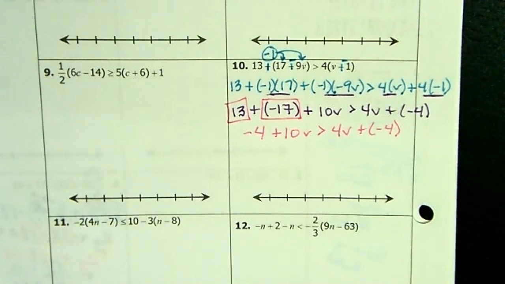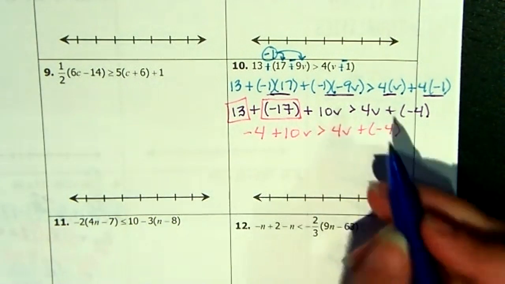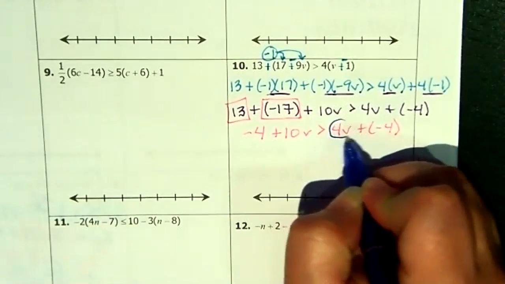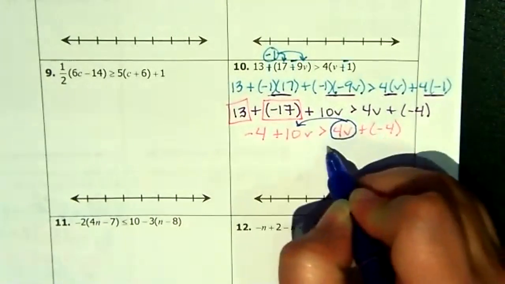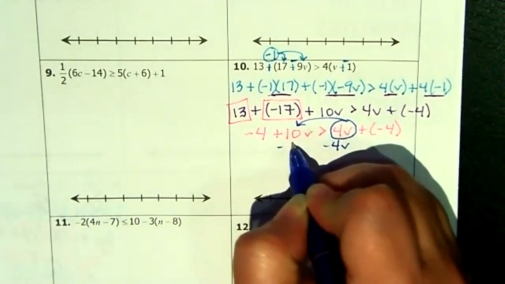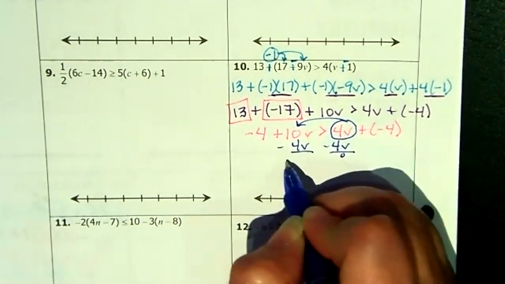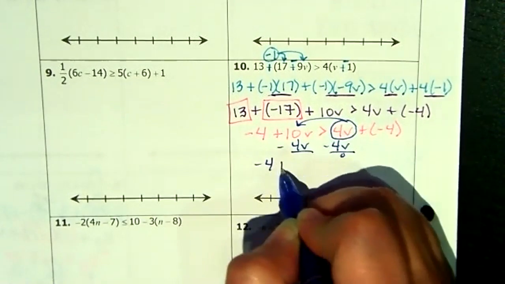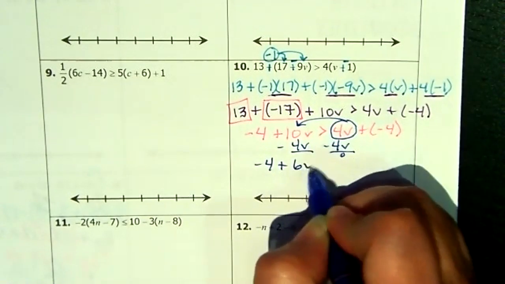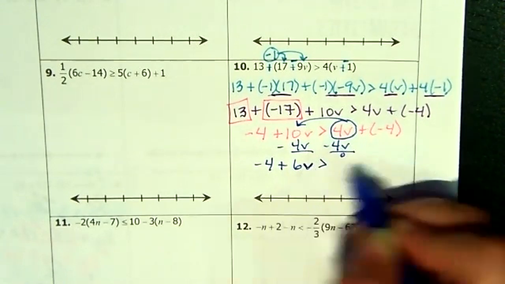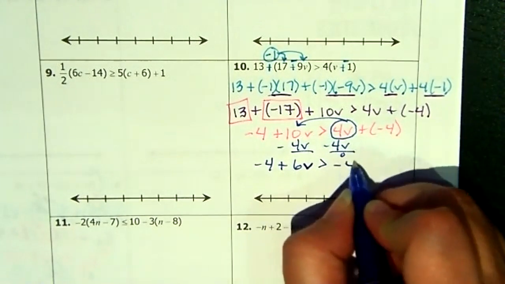And remember, we want to get all the variables on one side. So I'm going to move the 4v to the left. So I'm going to subtract 4v from both sides. And this equals 0. So now I'm going to have negative 4 plus 6v is greater than negative 4.